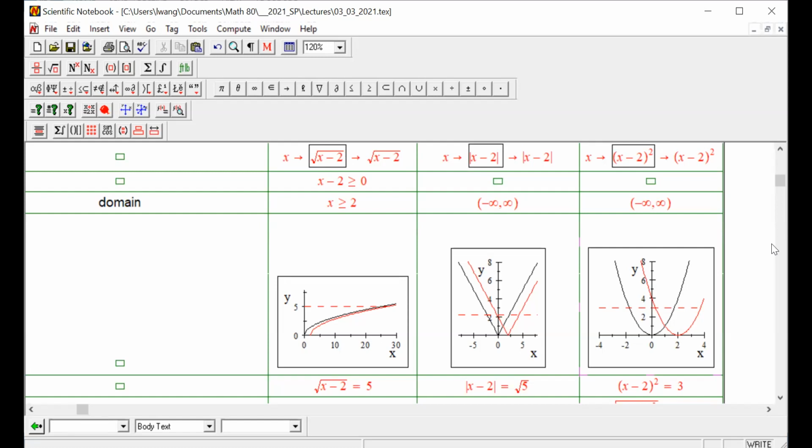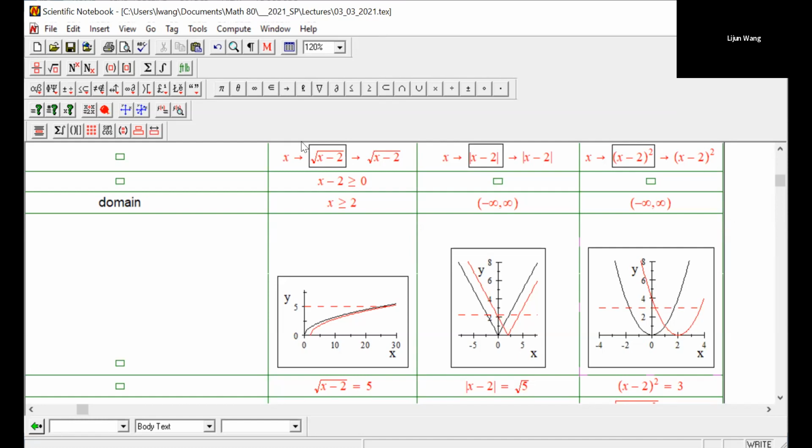Isn't that interesting? Anybody who is a little bit confused, let me know. Rule change. Any questions?